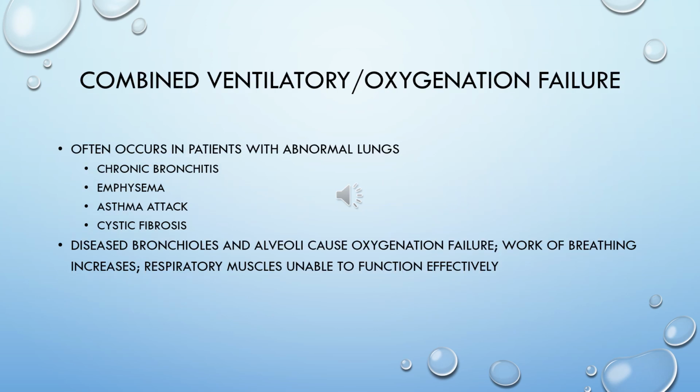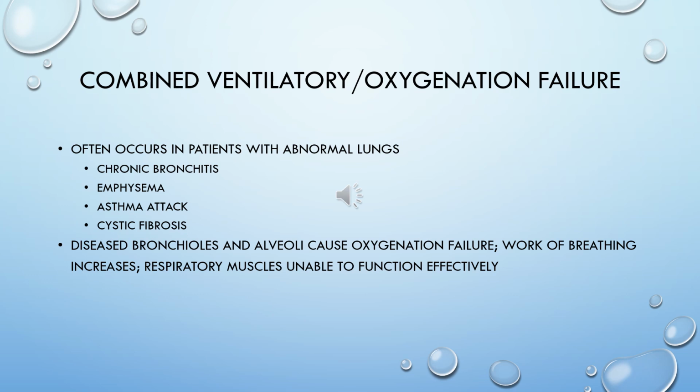You can also have a combination of the ventilatory and oxygenation failures, and this is what you typically see in patients who have abnormal lungs from things like chronic bronchitis, emphysema, frequent asthma attacks, or cystic fibrosis.